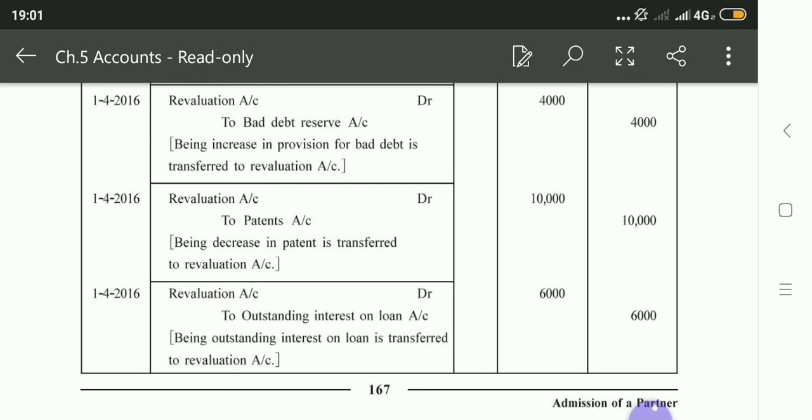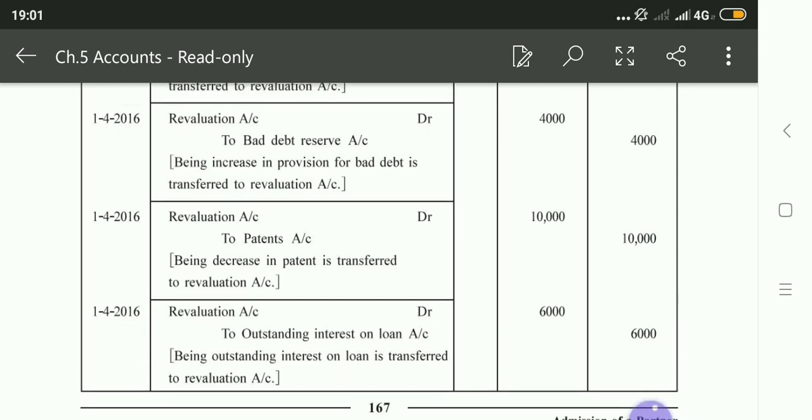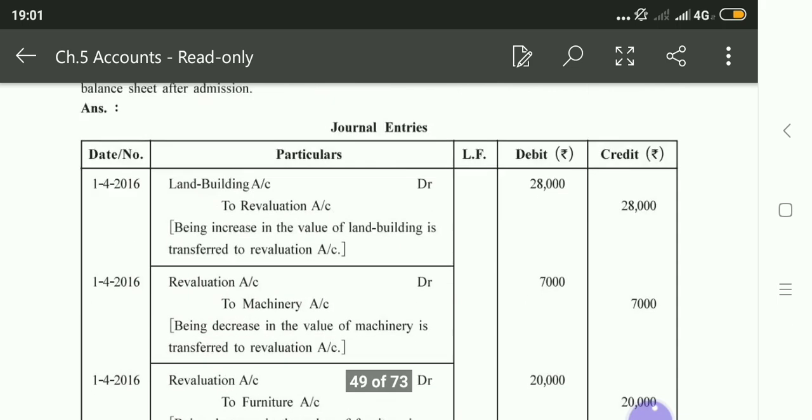So the journal entry for that goes somewhat like this. If you are having a textbook with you, you can check in that. The journal entry will be creditors account debit 8,000, bills payable account debit 2,000 to revaluation account 10,000. Fine. Moving towards the next adjustment.